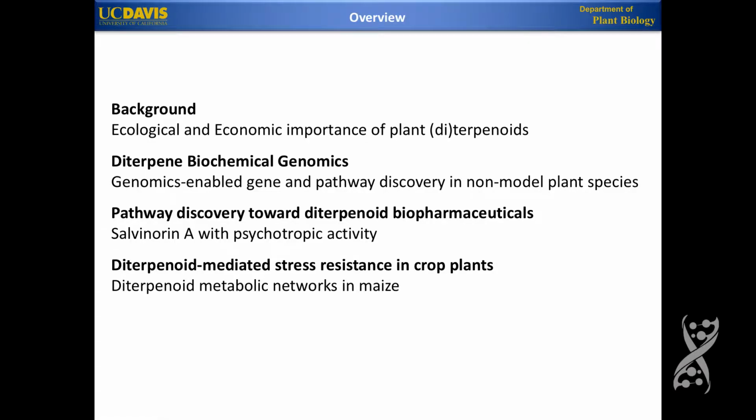So what I would like to do today is to tell you a little bit about the ecological and economic relevance of terpenes and specifically diterpenes, so the subgroup of higher molecular weight terpenes that I will be focusing on today.